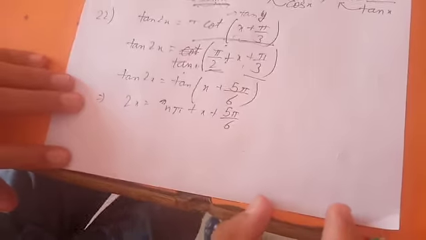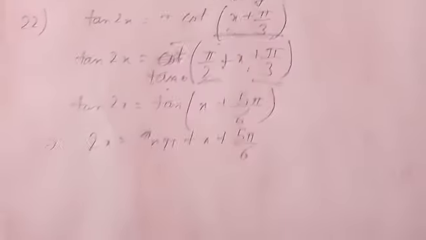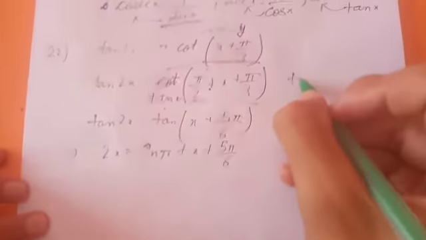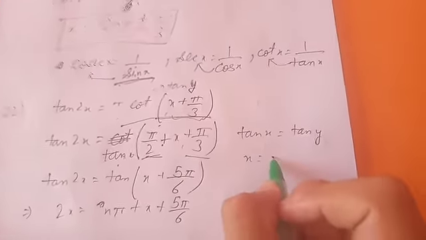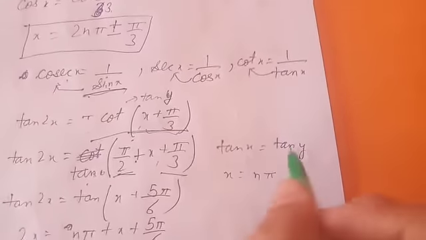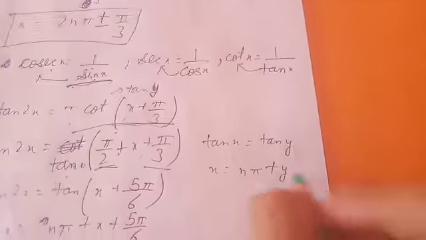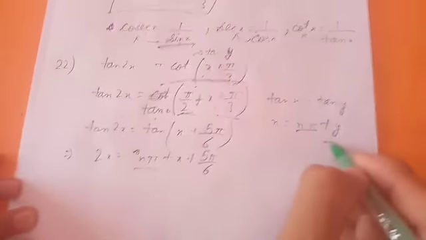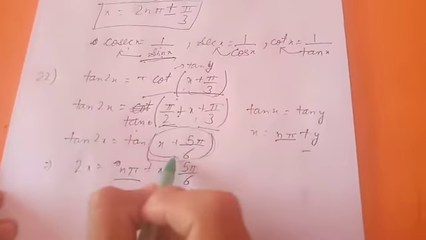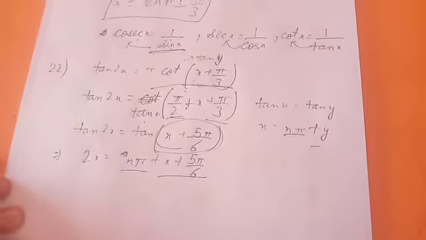Why? Because in the general solution of tangent, if tan x is equal to tan y, then x is equal to n pi plus y, and pi is the same. And what is our y? Our y is this, that is x + 5pi/6.